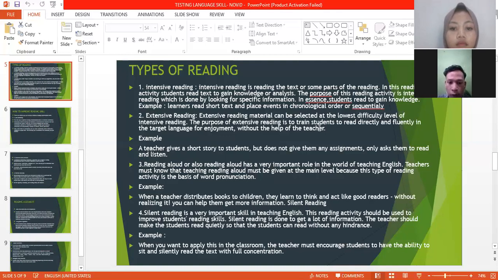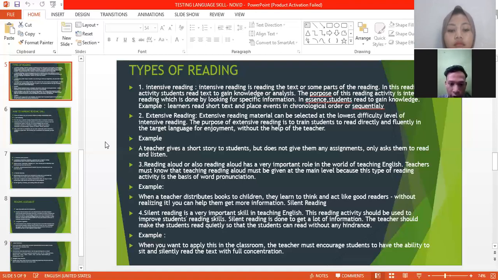The purpose of the reading activity in intensive reading is done by looking for specific information. In essence, students read to gain knowledge. Example, students read a short text and place events in chronological order, or sequentially.